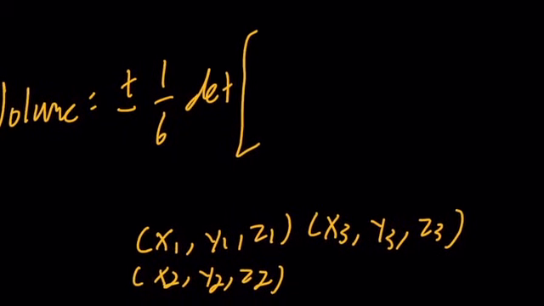Having what we have and knowing how to find the area of a triangle through determinants, can we figure out what I'm about to do next? And I would hope so, because you're simply just plugging your points into this equation.